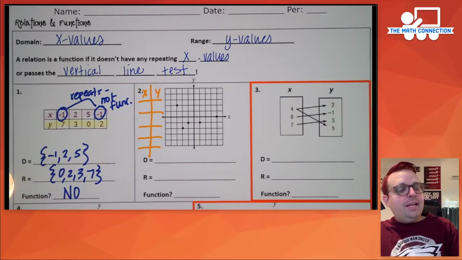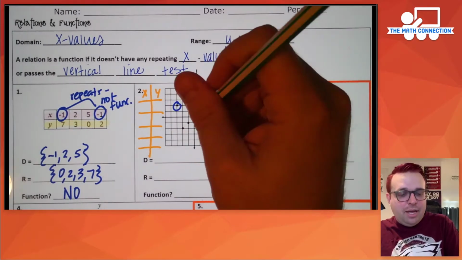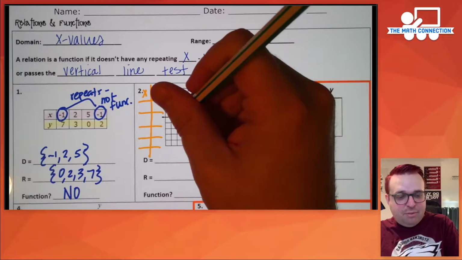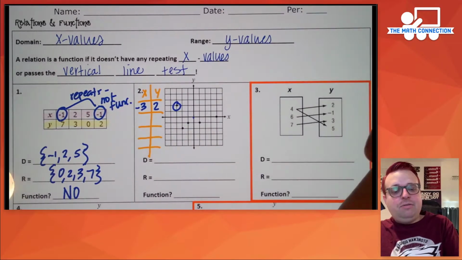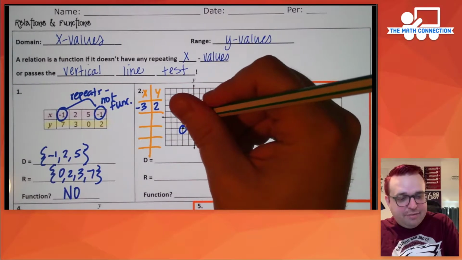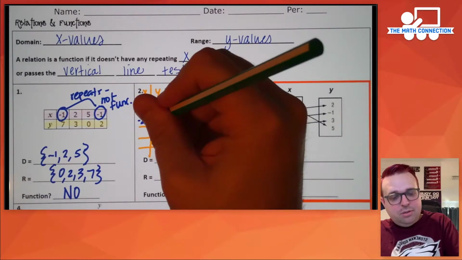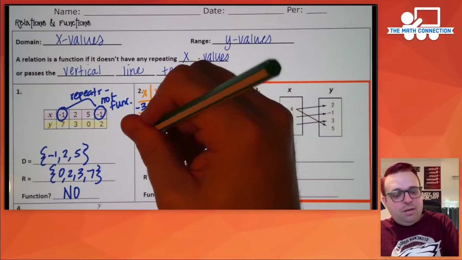And let's fill that table in by looking at the points. So the first point right here, this one right here, is the x value is -3 and the y value is 2. So we have a -3 and a +2 for the y. The next one is -2, -2. The next one is -1, -1.